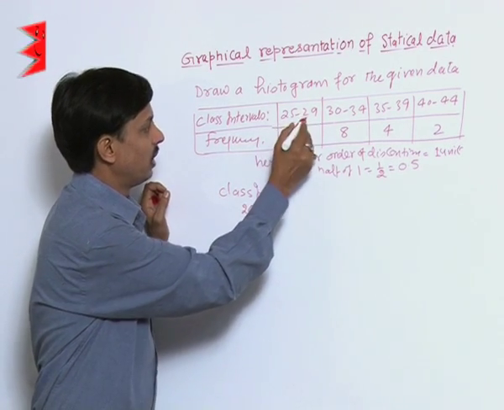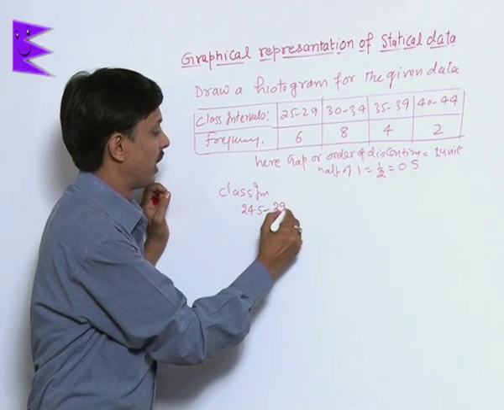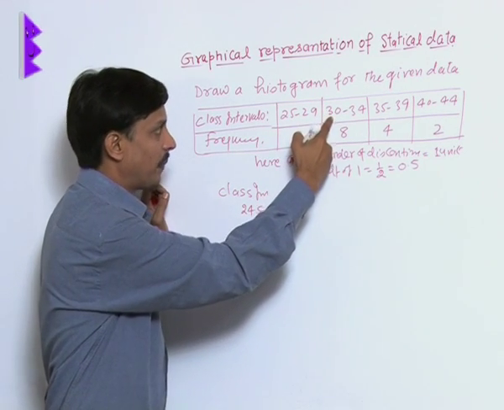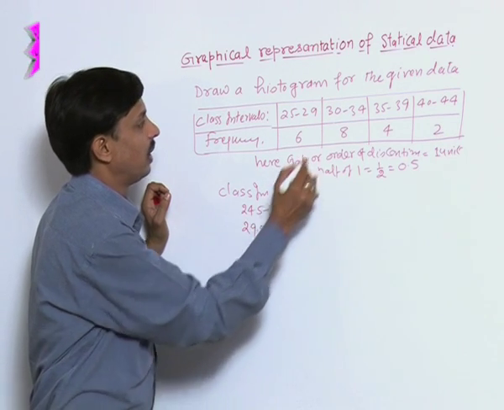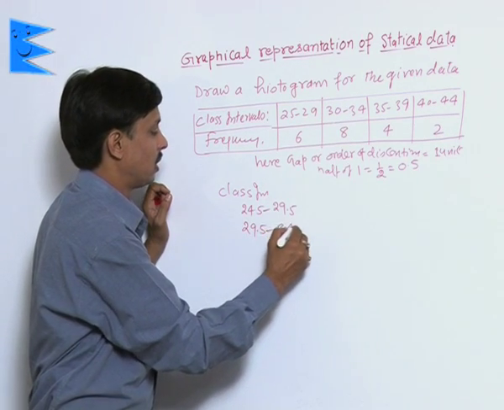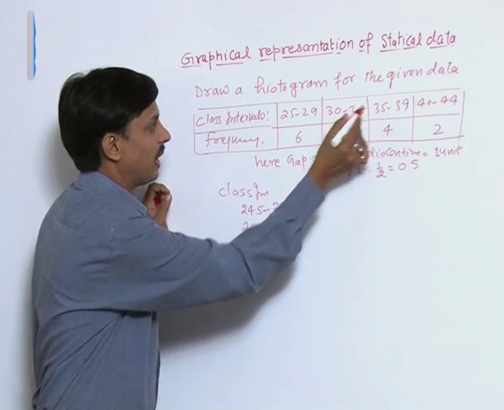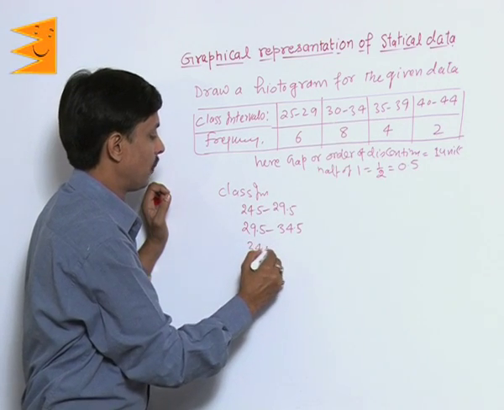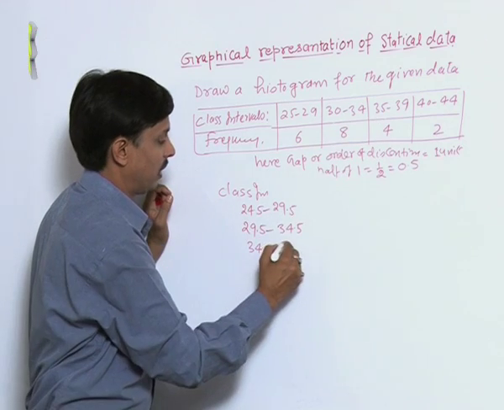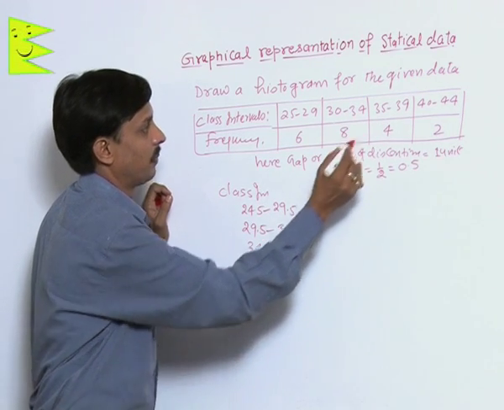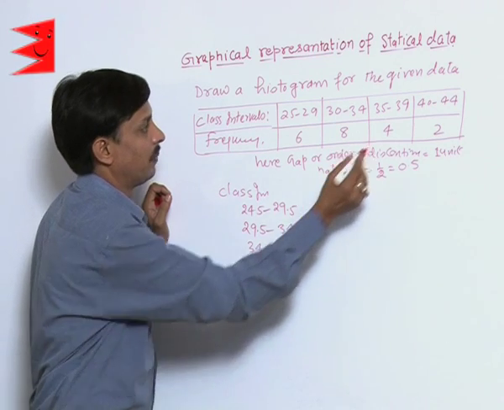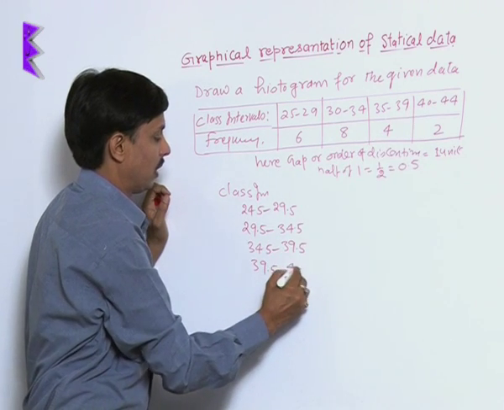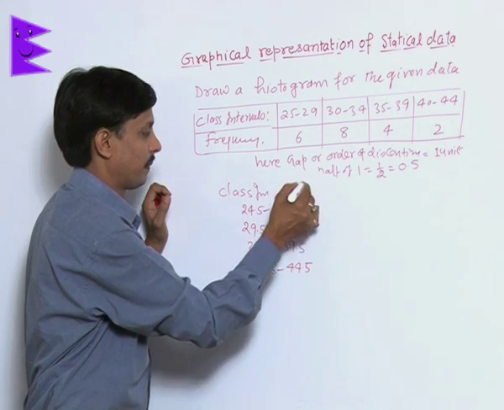If I add to the upper limit, it is 29.5. For the next, if I subtract from the lower limit it is 29.5, and if I add it is 34.5. If I subtract, it is 34.5; if I add, it is 39.5. Again, if I subtract it is 39.5, and if I add it is 44.5.